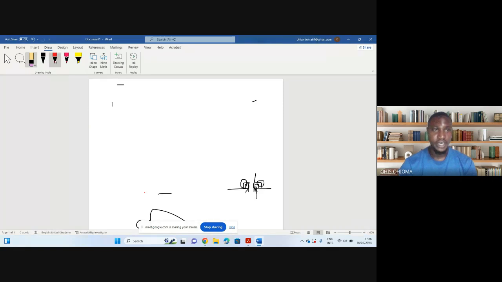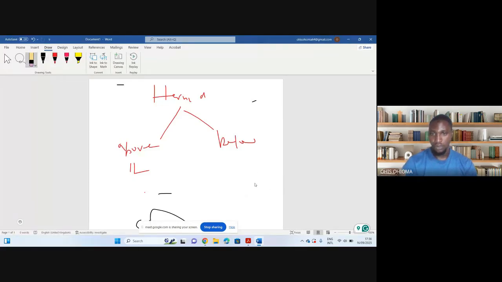When you see a hernia, you want to ask yourself, is it above the inguinal ligament, or below? If it is below, you are thinking of a femoral hernia.